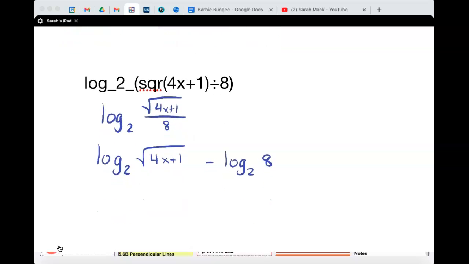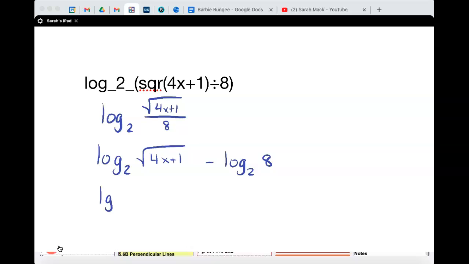How can I rewrite the square root symbol as a fractional exponent? So we were doing that yesterday with our fifth root thing.